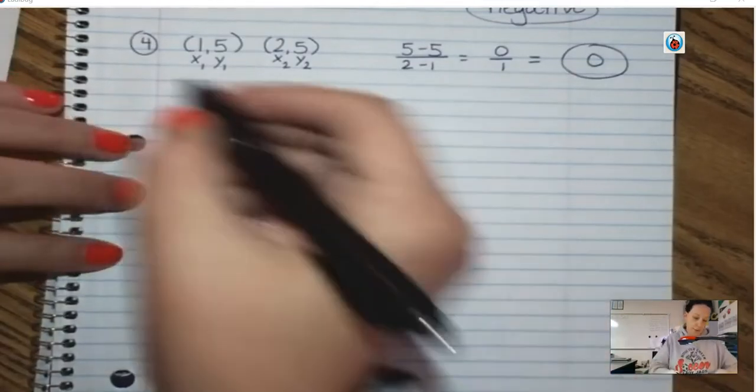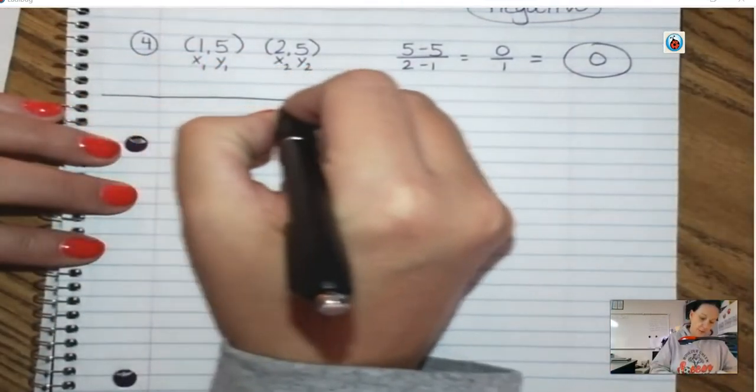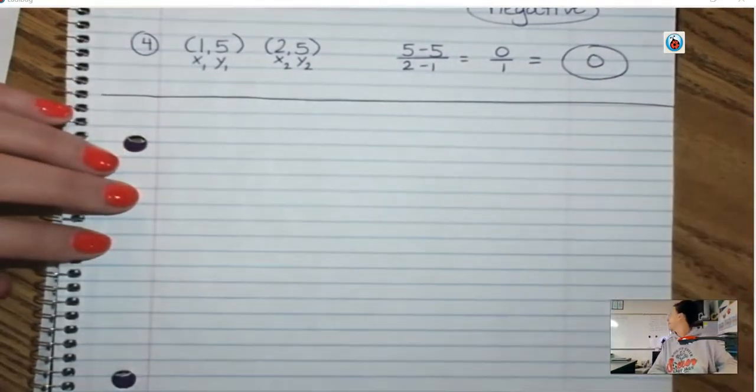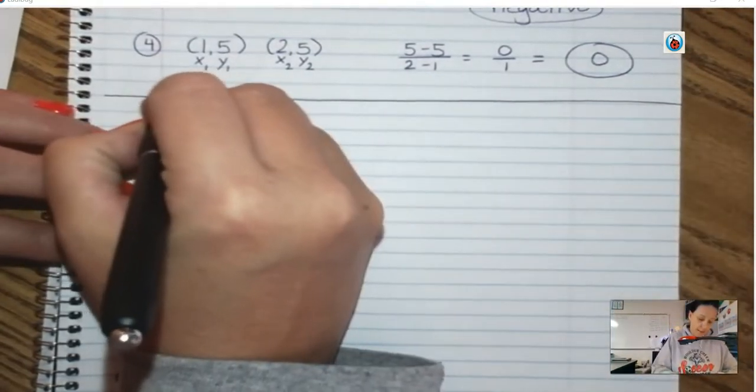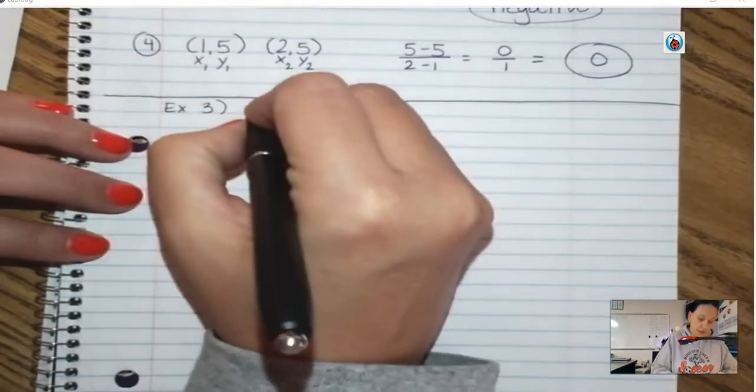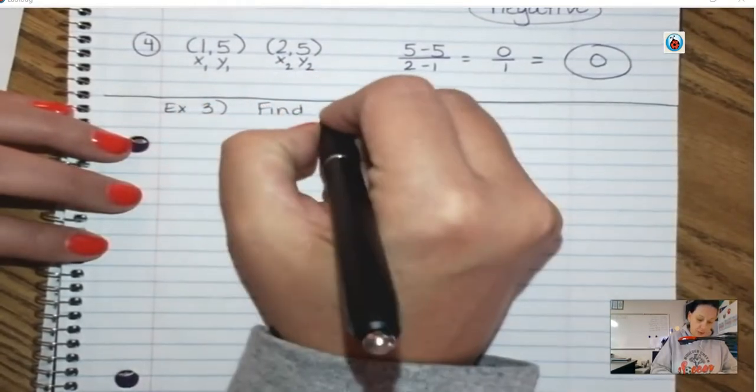We are on example 3 from lesson 5.3. For example 3, it's going to be a word problem, and it's going to say find and interpret the slope.